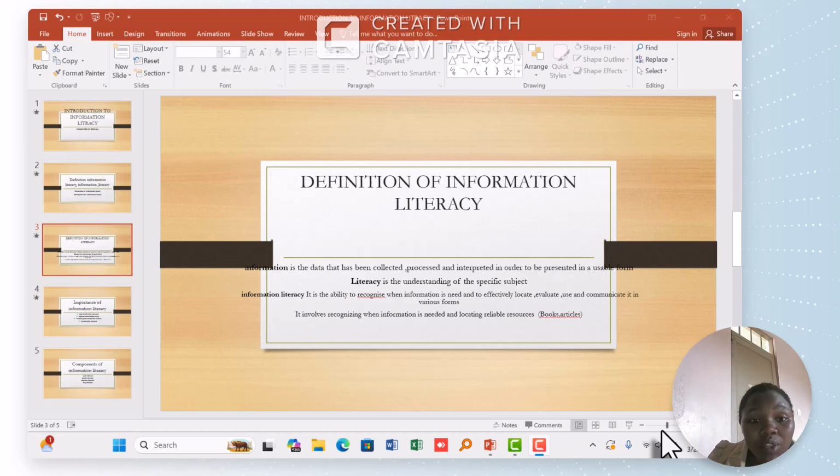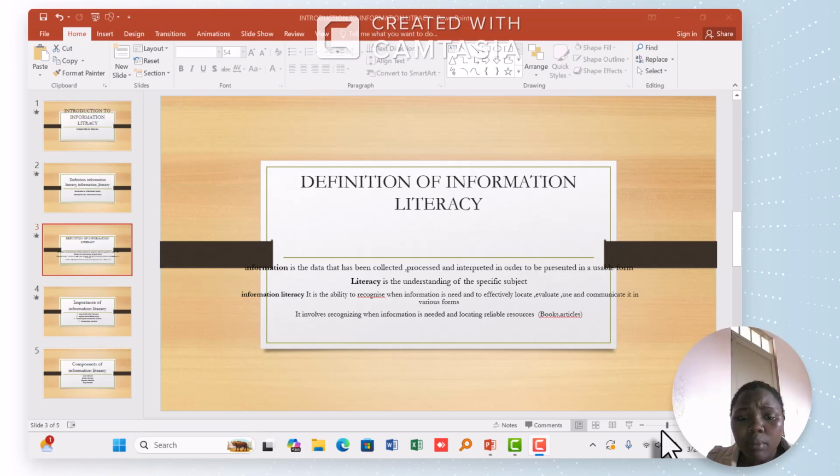It is the data that has been collected, processed, and interpreted in order to be presented in a usable form.